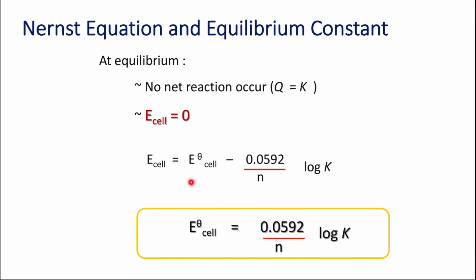Tapi bila saya jadikan E cell kita di sini adalah 0, I put the 0 value here, saya rearrange, saya akan dapat E naught cell equals to 0.0592 over N log K. So, ini adalah the third form of Nernst equation, dan ini hanya kita gunakan apabila reaction itu is at equilibrium.